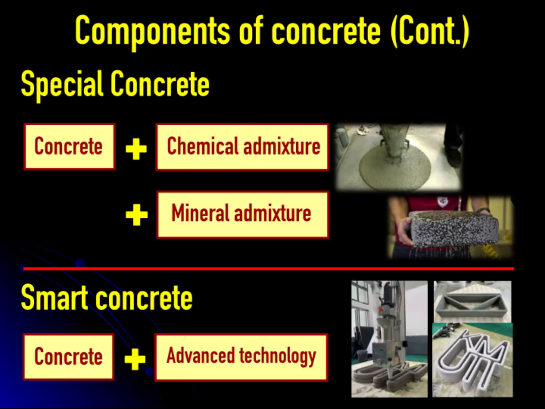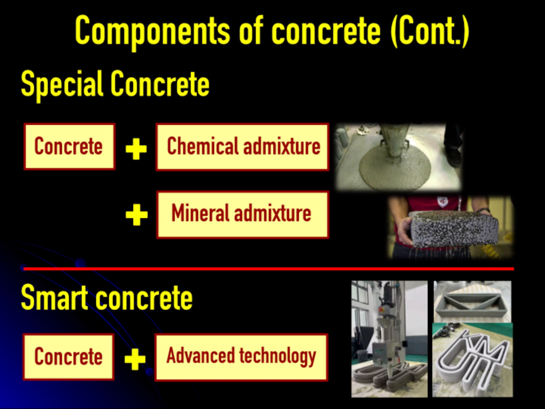In the case of special concrete, additional materials are introduced or the mixed proportions are adjusted to enhance certain properties. These added substances are known as chemical and mineral admixtures. Chemical admixtures can speed up or slow down the setting time, increase workability, or enhance the durability of concrete, depending on the project needs.